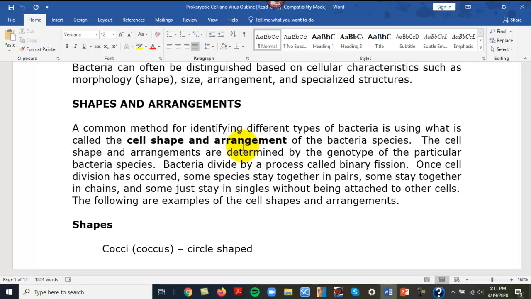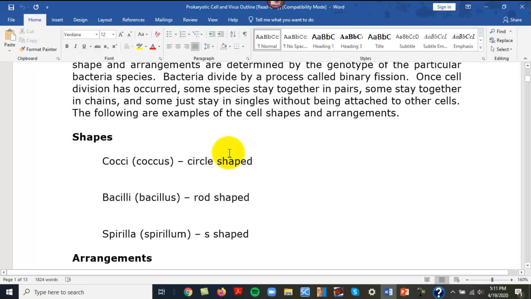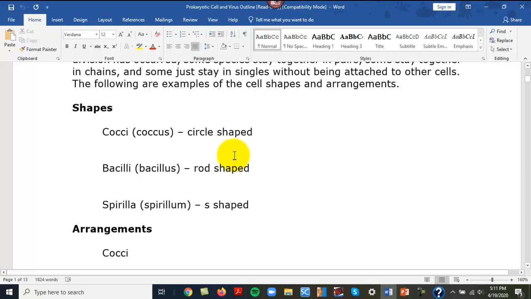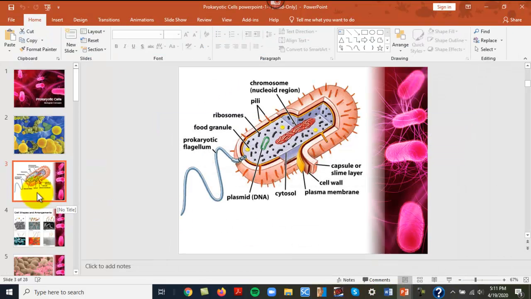You look to see what the cell shape and arrangement are. There are three basic shapes for bacteria: cocci, which are circle-shaped; bacilli, or bacillus, which is the singular term, rod-shaped; or spirilla, or spirillum, which are S-shaped.